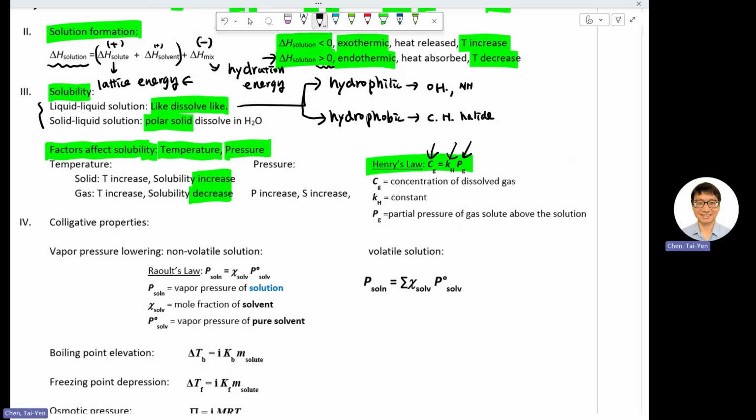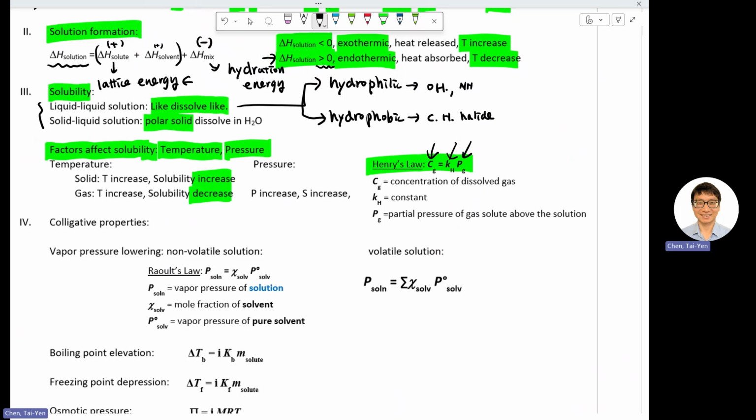You have a gas tank with a high pressure of CO2 inside. You force the CO2 into the water in a closed container. The higher the pressure, the more CO2 goes into your solution, so that you have fizzy water afterwards.